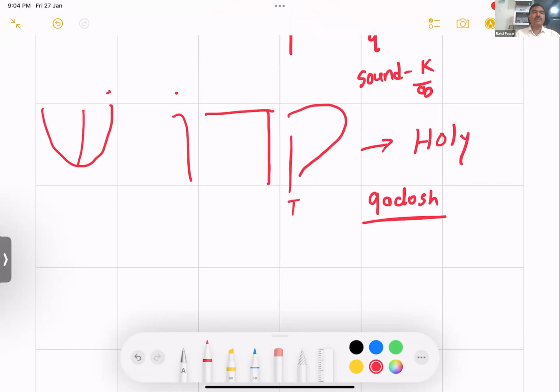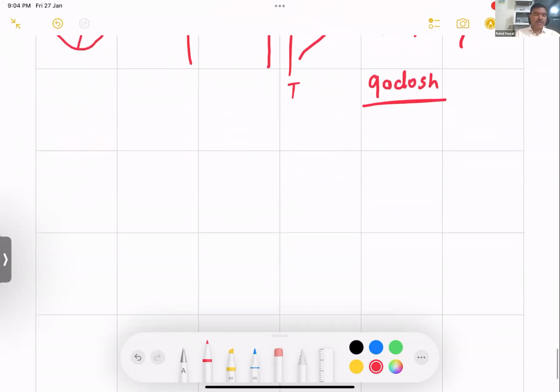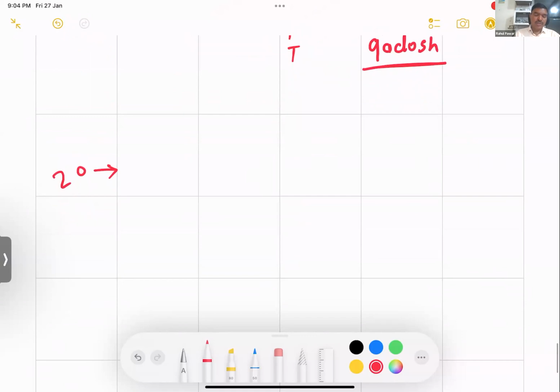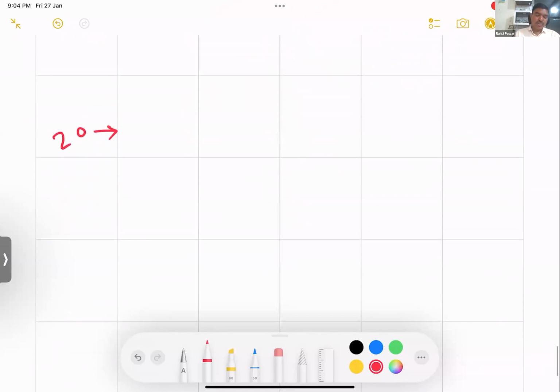The next letter of the alphabet is called Resh. That is the 20th letter. And with this Resh, you have to be very careful. See, you have to start from here. Then there is a curve over here. If you do not make a curve, then it is very much identical to Dalet.